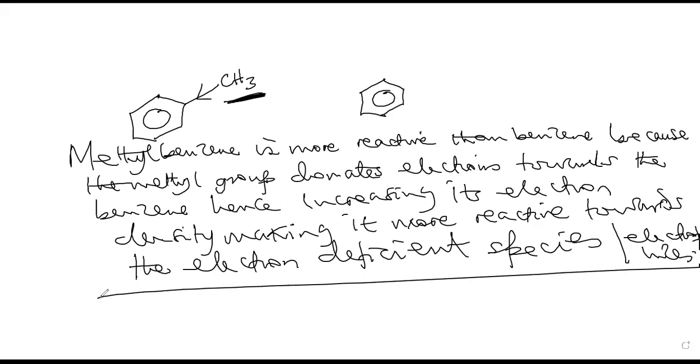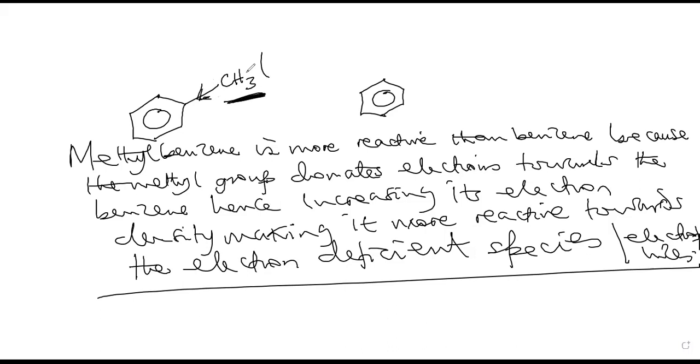Now, we are going to see that since the methyl group is an activating group, being an activating group is the reason why it forms the ortho-para substituted product, because it is activating.